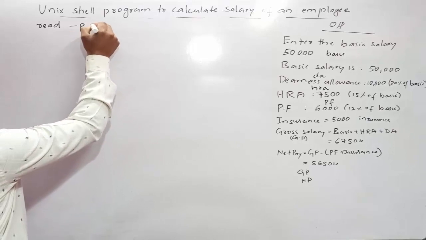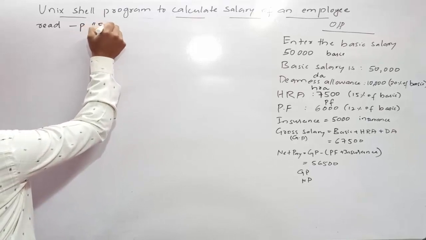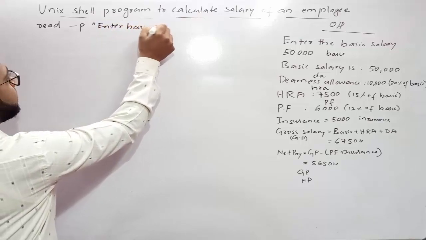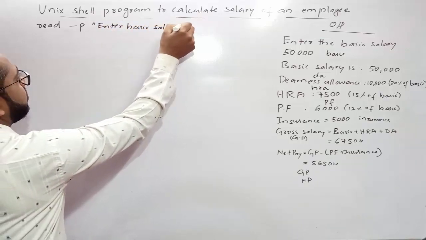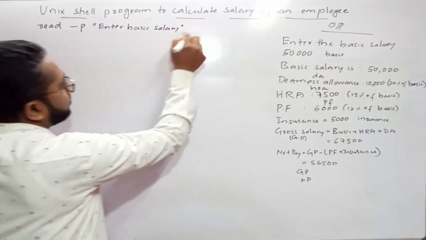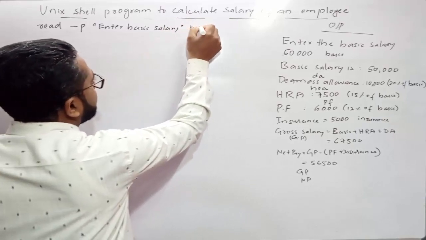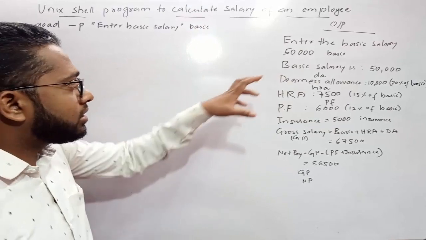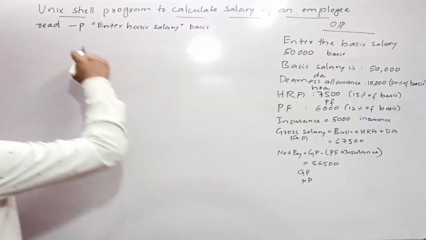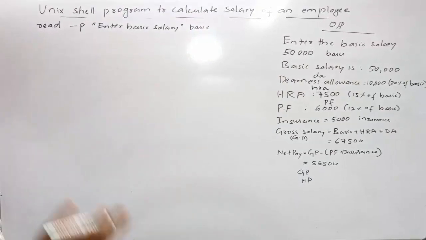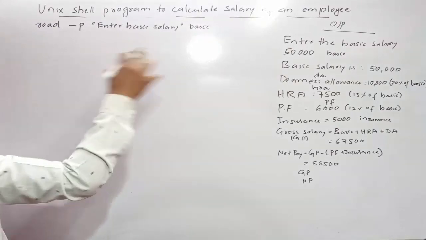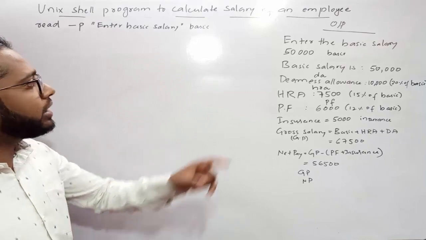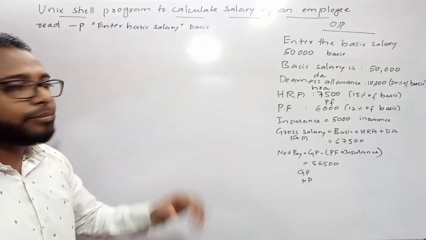Then you need to put space, double quote, enter basic salary, double quote close. Then put some space and mention the name of the variable inside which you want to store the basic salary amount. As you can see, in a single statement, both the work of displaying the message on the terminal as well as taking the input from the user and storing it inside a variable gets completed.